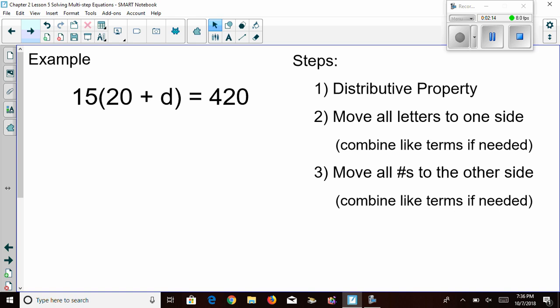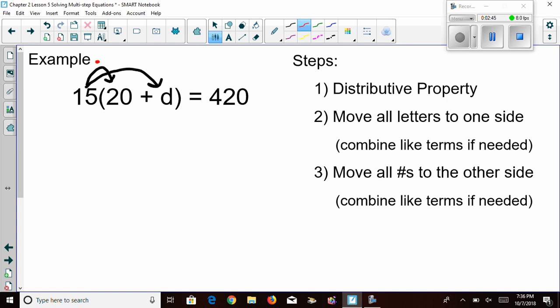Before we do that, let's start by adding in the last pieces for solving these equations. For solving our algebra equations, we would start at the distributive property. We see we have these parentheses, which means we have to take the 15 and multiply it to the 20, then multiply it to the d.